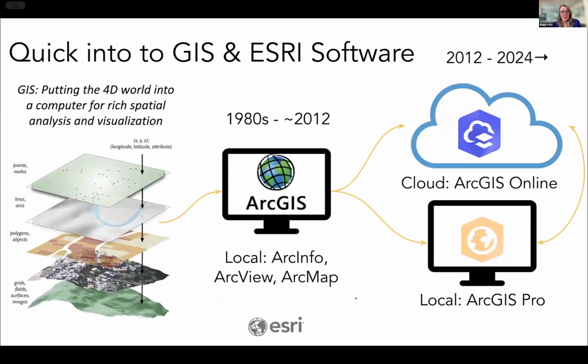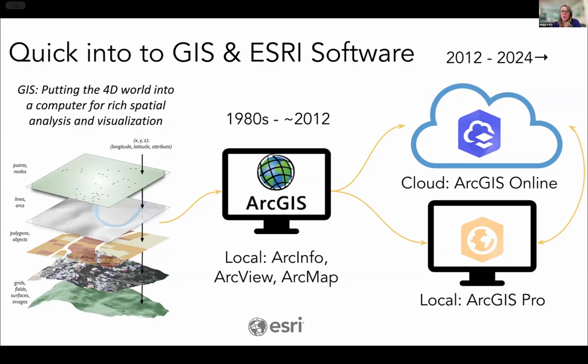And a little bit of background. So GIS, like I said, is taking the complex world and making it into these layers and then pulling these geo-reference layers into a software package. And recently we've gone through a real revolution in the way we think about GIS software.